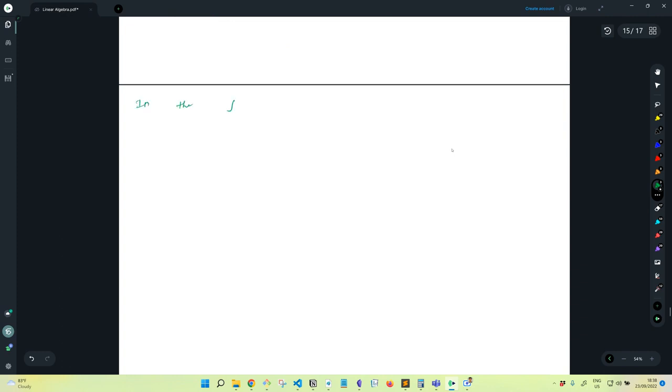Let me state this: if in the row reduced echelon form, in the final step of the RREF procedure, there exists no row in just the A part, ignoring the B part for now, that is all zeros, then A inverse exists.